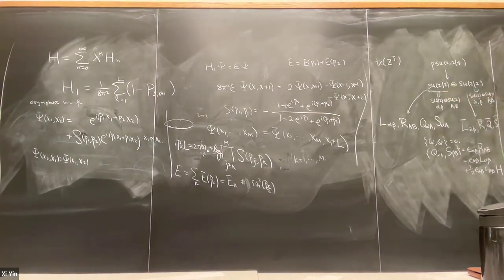Since I'm talking about SU and not PSU, there's an extra central bosonic generator that commutes with both SU(2)s, which is this H that shows up here. But it's the same H that's shared by the two.